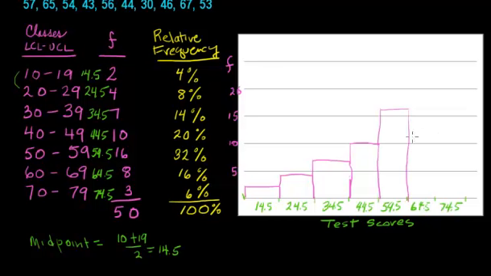In the 60 to 69 class, there were 8. And in the last class, there were 3. Okay, so this is our histogram of test scores.